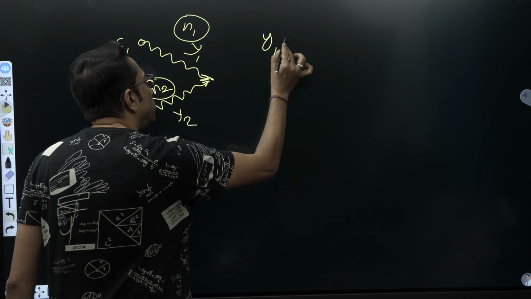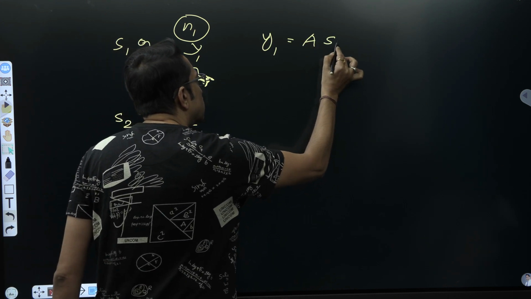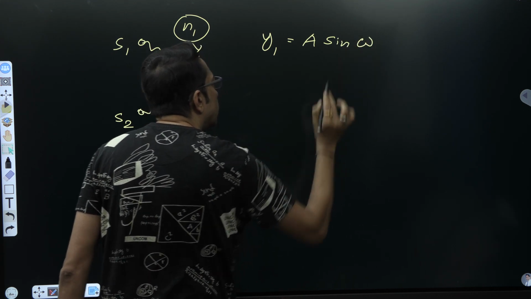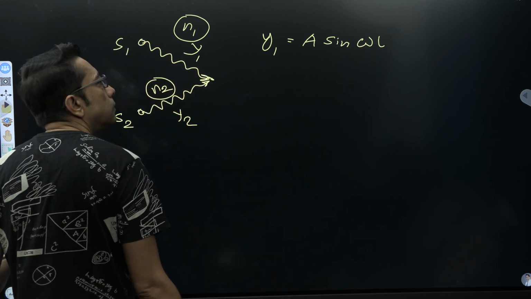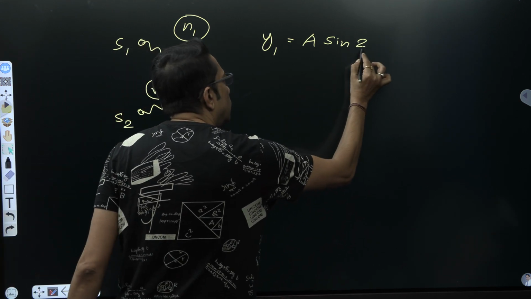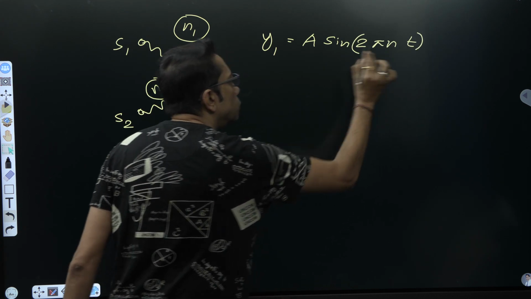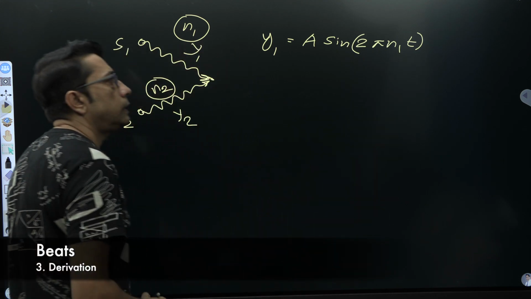Mane, if we write y1 equals A, that is amplitude, sine omega t. In place of omega, we can replace it by 2 pi n into t. Omega means 2 pi n. So the first one is having a frequency n1.